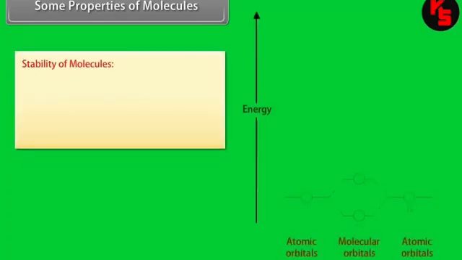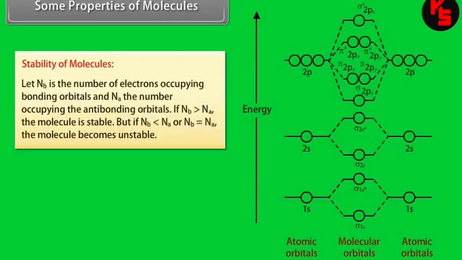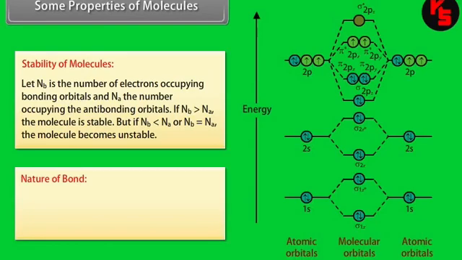Some properties of molecules. Stability of molecule. If Nb is the number of electrons occupying bonding orbitals and Na is the number occupying the anti-bonding orbitals, if Nb is greater than Na, the molecule is stable. But if Nb is less than Na or Nb is equal to Na, the molecule becomes unstable. Nature of bond.